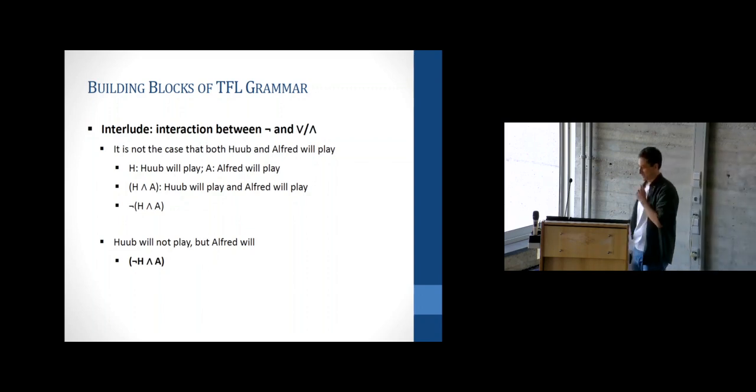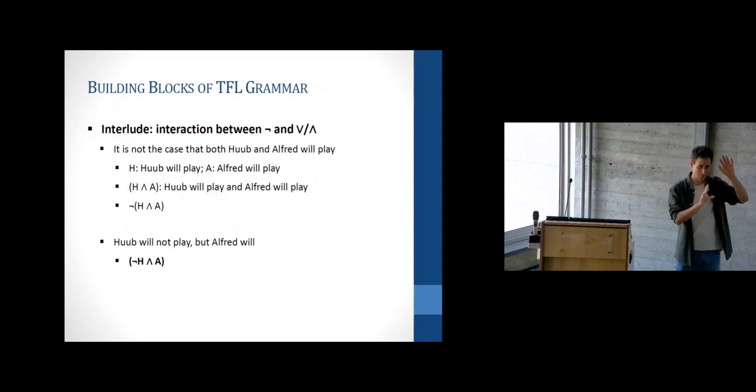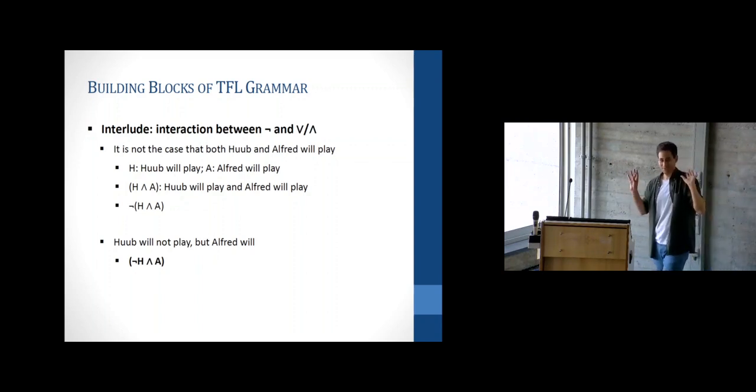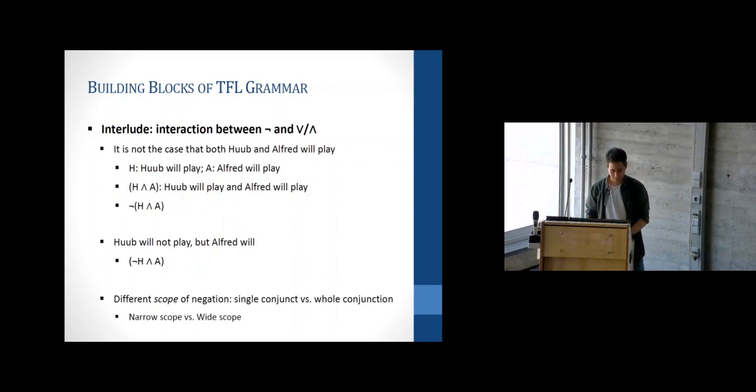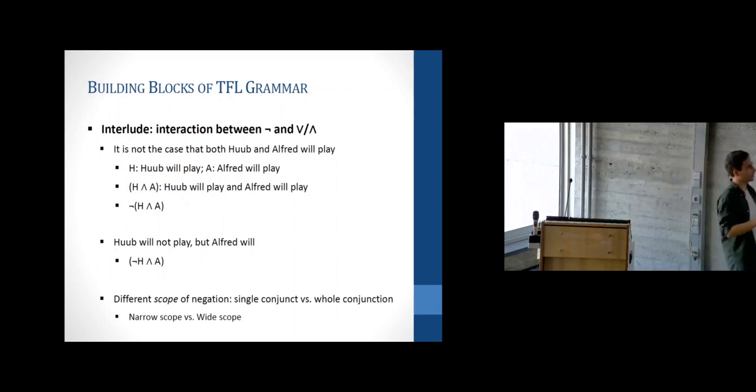We note that already with conjunction, disjunction, and negation, a lot of things can happen with these three things. What the negation applies to is called the scope of the negation.